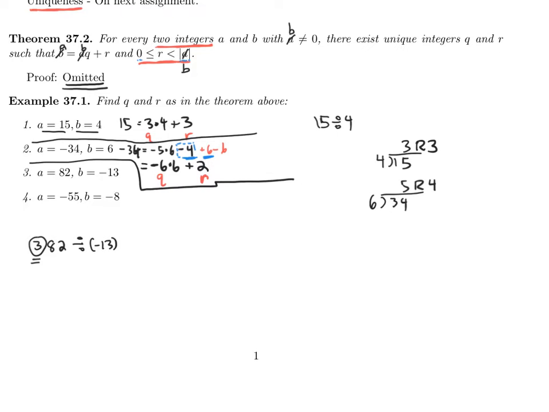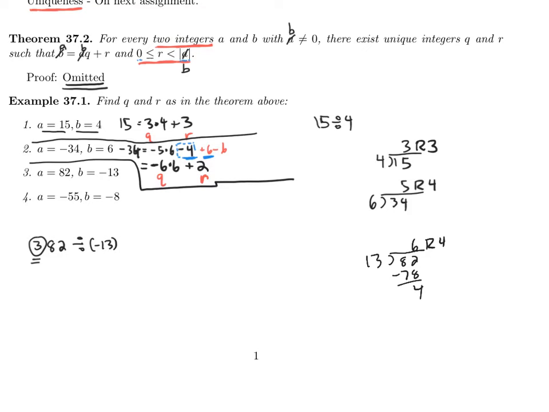Okay, in this case, we're going to have to be a little bit careful. So we know that 13 goes into 82, and you can check. This goes exactly 6 times with a remainder of 4. That's 78. 4. Okay. So, what does this mean?